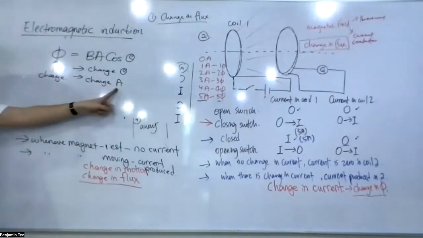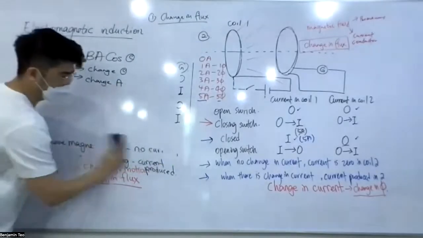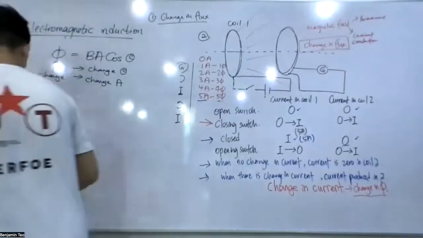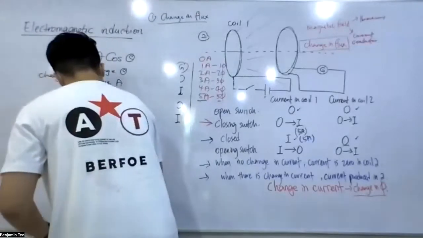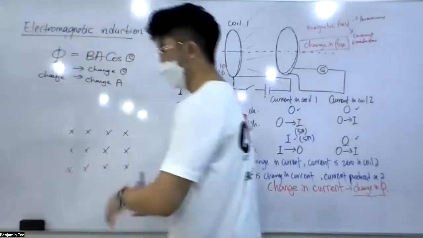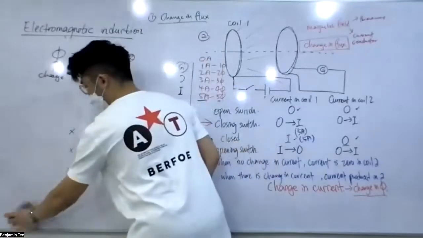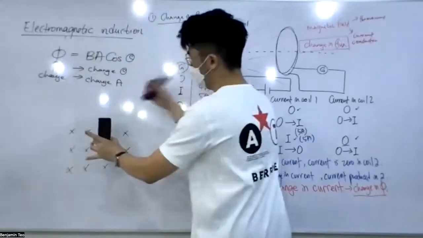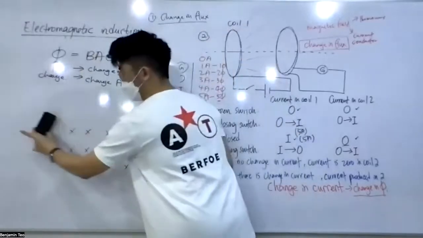How to make a change in area? Okay, one example, and in this example, they like to ask also. Imagine that this is a field. This is the field. Okay, so X means the field is going into the page. I take a conductor, it can be a metal plate, anything. I hang it by a string, and then I let it oscillate like this.